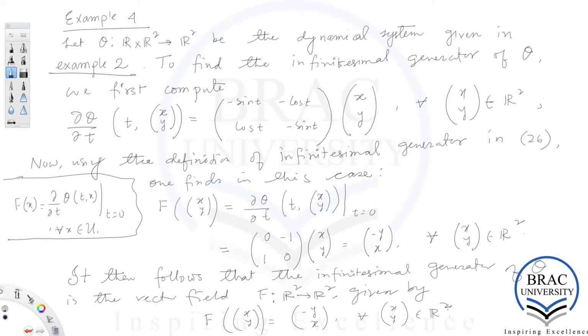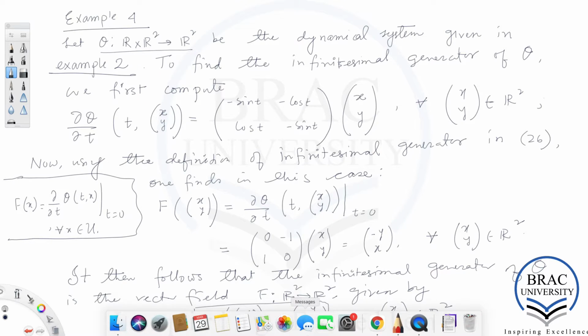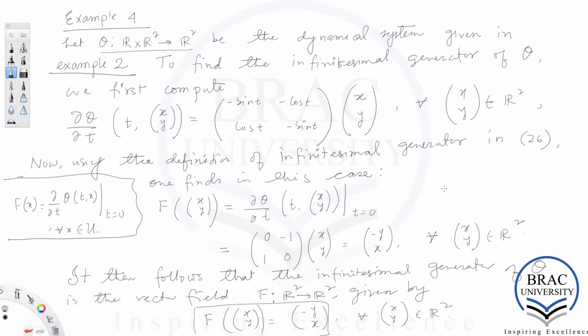So we found the infinitesimal generator of this dynamical system given in example 2 here. Okay, good.